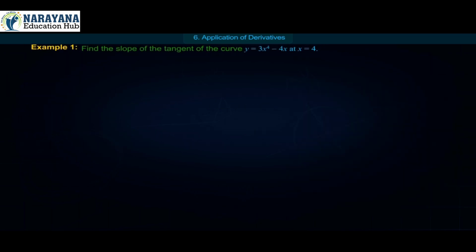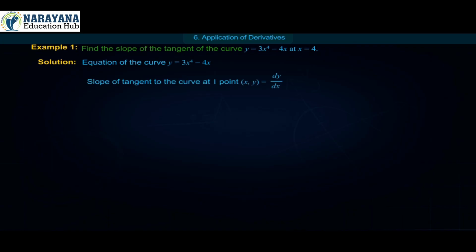Example 1. Find the slope of the tangent of the curve y is equal to 3x raised to 4 minus 4x at x is equal to 4. Solution. Equation of the curve y is equal to 3x raised to 4 minus 4x. Slope of tangent to the curve at a point x, y is equal to dy by dx.